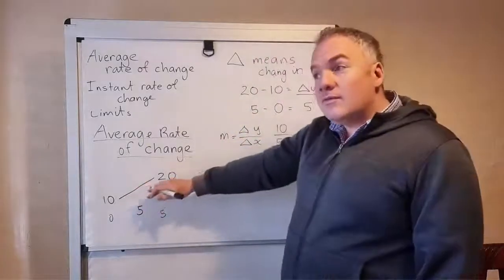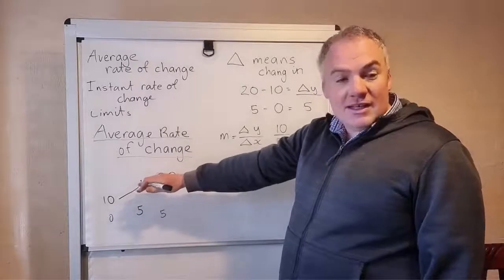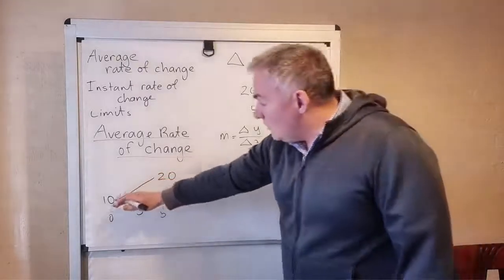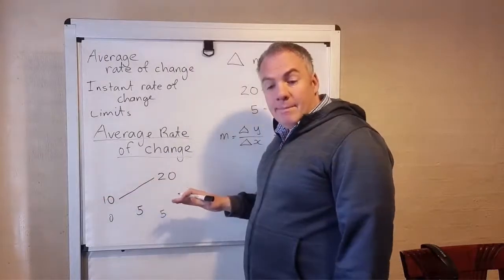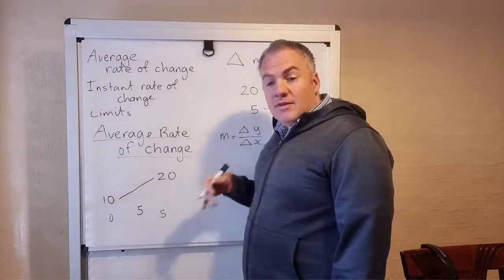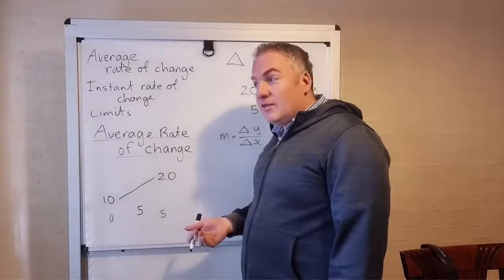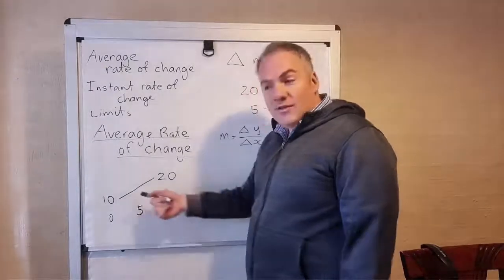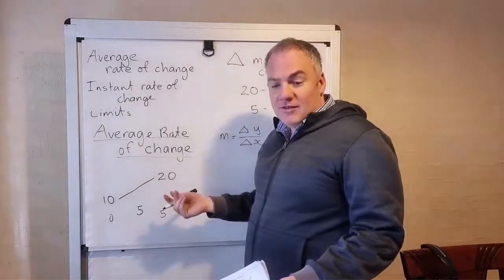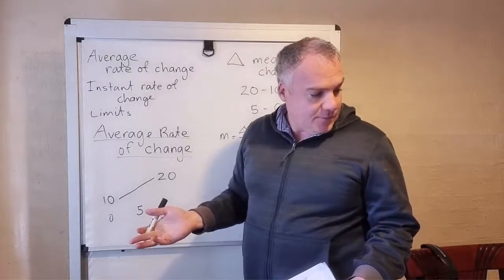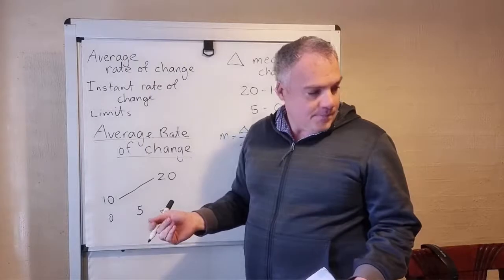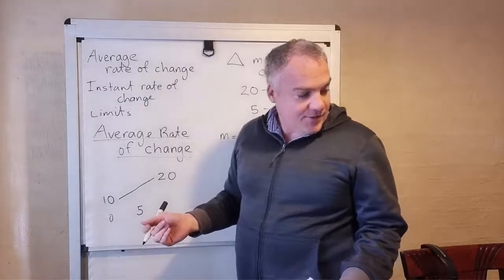All of that average rate of change stuff should make sense when you're seeing it in a linear way, because the linear rate of change is constant. So if it's always changing at 2, your average rate of change is going to be 2. It can't be anything else. Okay, any questions or problems? Feel free to ask a question in the comments.